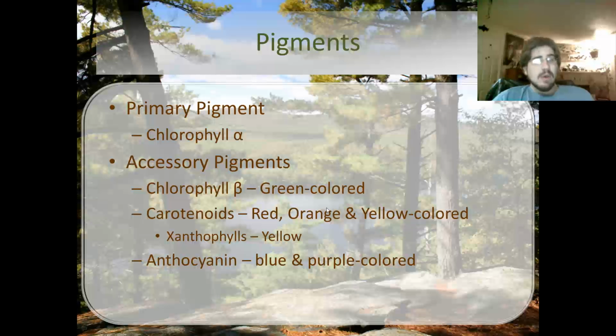So, we know that chlorophyll beta is green, carotenoids are red, orange, and yellow, anthocyanins are blue and purple. So, let's see, what color of light do you think chlorophyll beta absorbs best? Yeah, you'd think green because it's green colored, but you're wrong. Completely wrong.